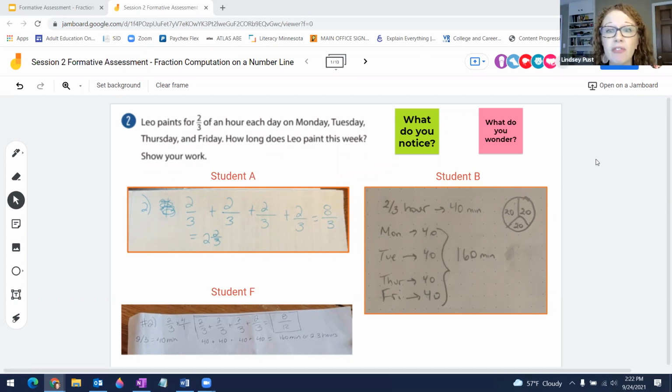So to start off, I see some people joining. Like Amber said, participate any way you can, whether it's via Zoom or Jamboard. We have 3 examples of student work up on the screen that are solutions to this problem.